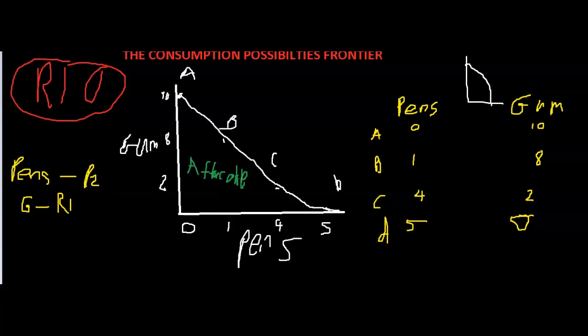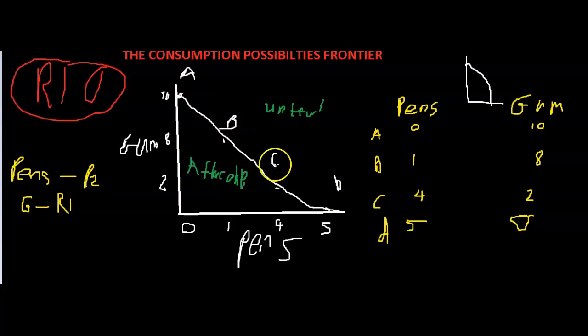Whatever area is outside is unaffordable or unattainable, right? And it makes sense. You can't get a point outside, like you can't get 10 pens and 5 pens, a point over here. But you can get, for example, 1 pen and 2 gum. That you can actually get, right? So that's affordable, that's unaffordable.